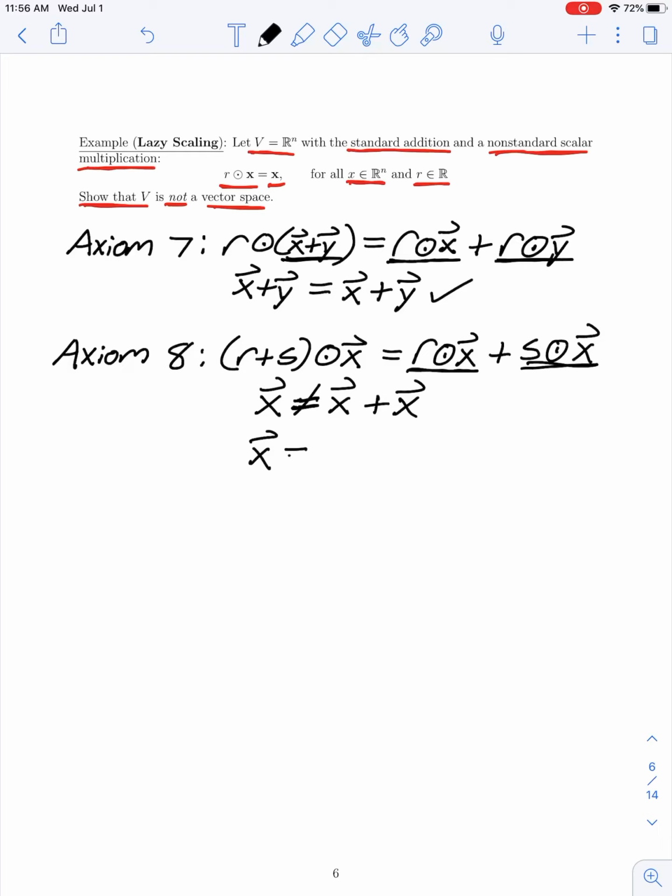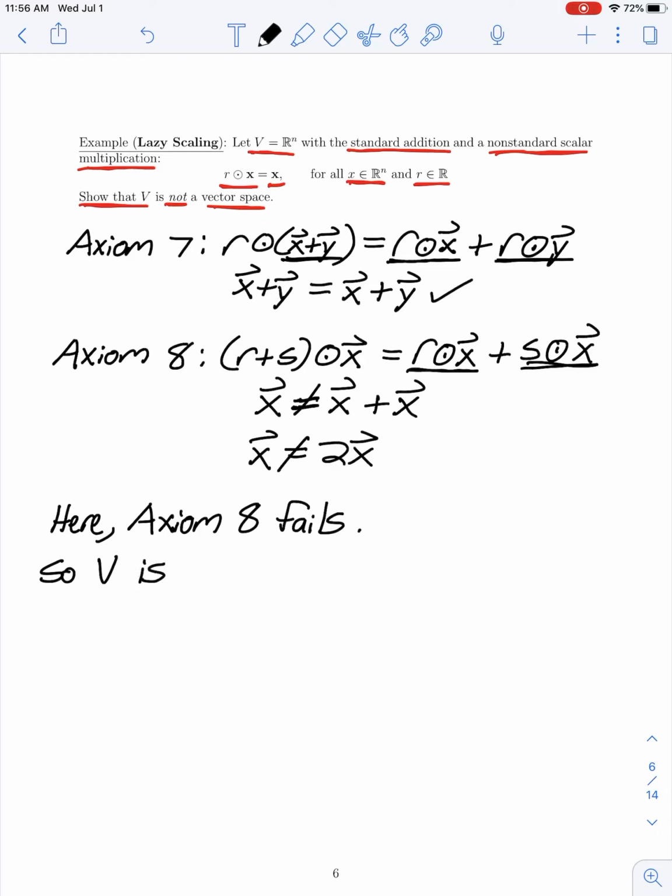When we're using the standard addition, our right-hand side, x plus x, is equivalent to scalar multiplication of x by 2. So we see here that axiom 8 fails. And so our space V is not a vector space.